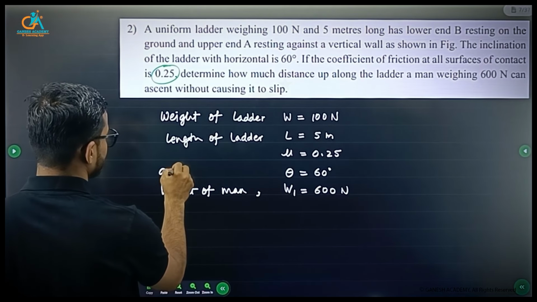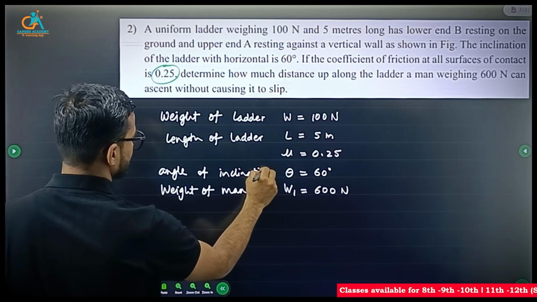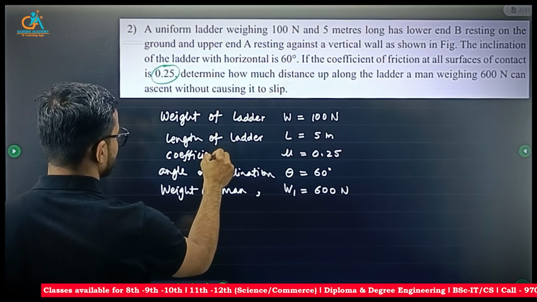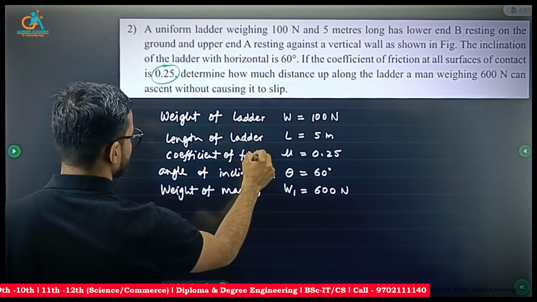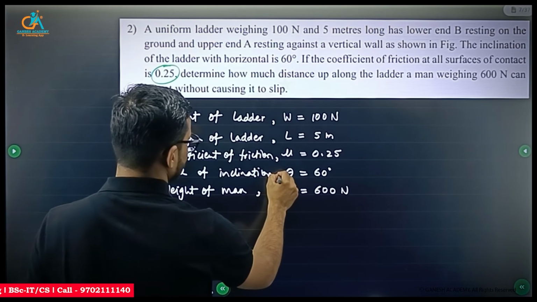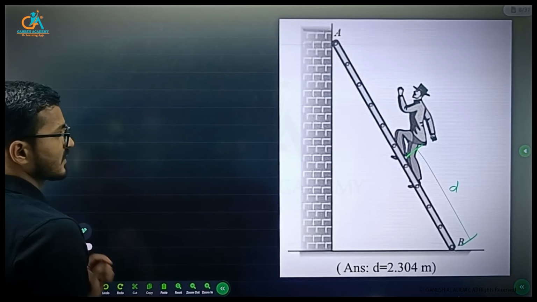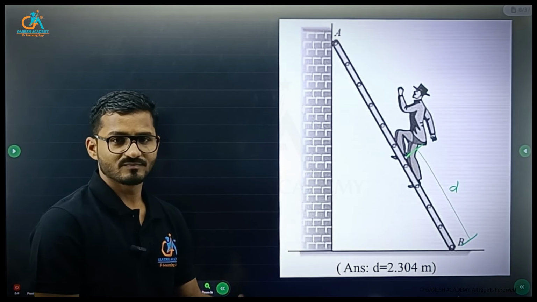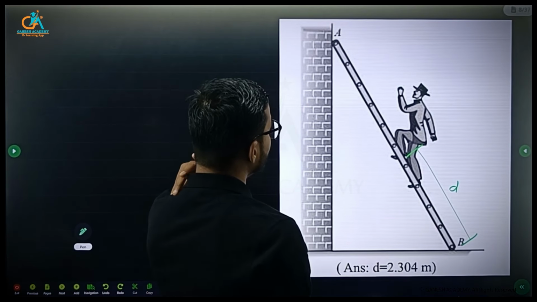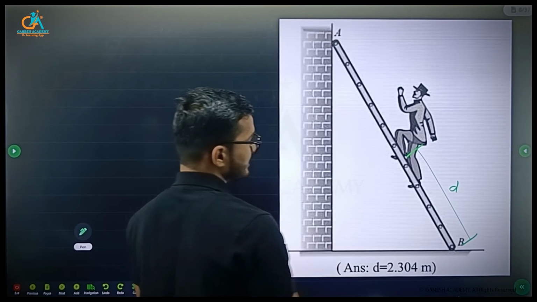Okay, so first of all हम फाइंड करेंगे कौन से फोर्सेस एक्ट हो रहे हैं. So what are the various forces acting on the ladder, and then we can easily use the FBD to find this distance.